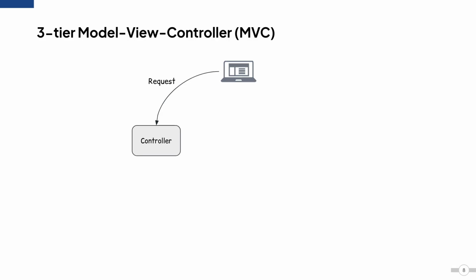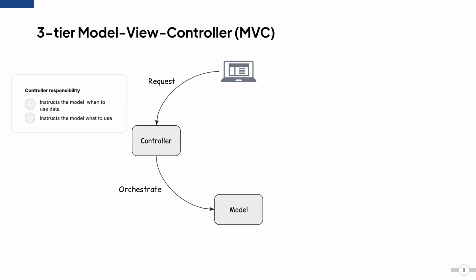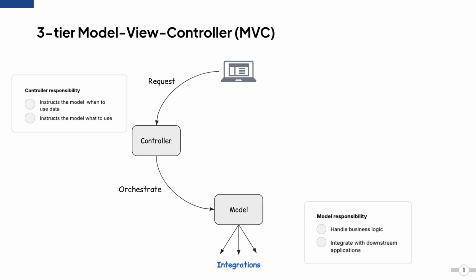In this case, a web application is presented to the user, and that browser will request a resource from the controller, and the controller's responsibility is to instruct the model when to use the data, and what to use and so forth. And basically, the controller orchestrates the model, and the model does the integrations. Basically, it connects with various systems of records, and it handles business logic and integrates with downstream applications and so forth.